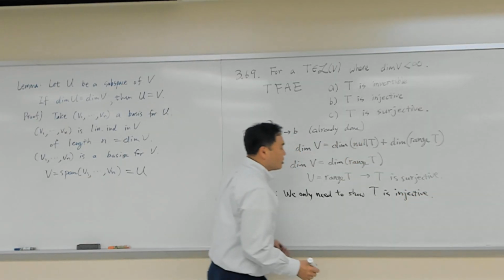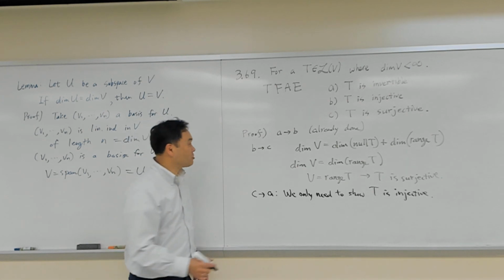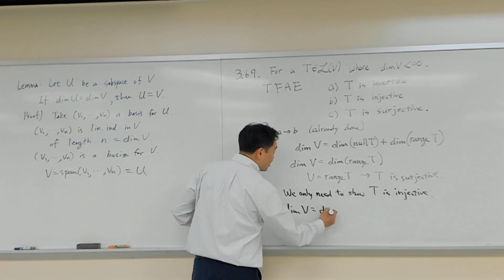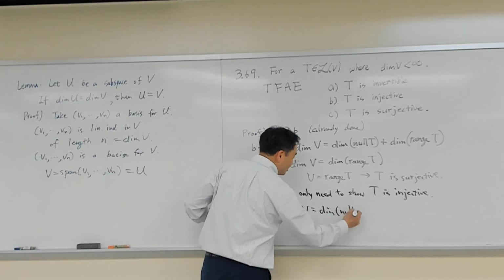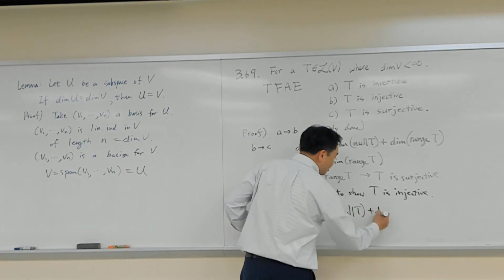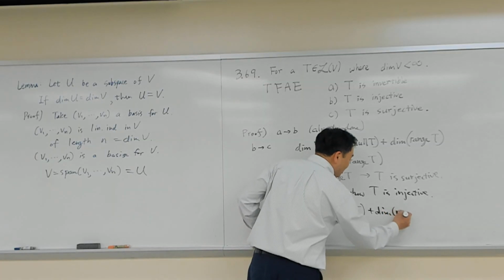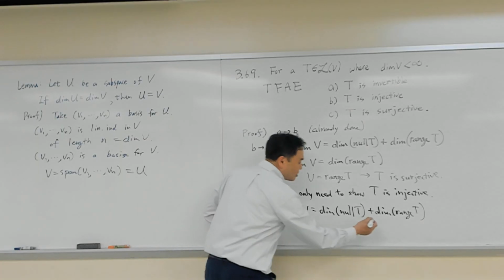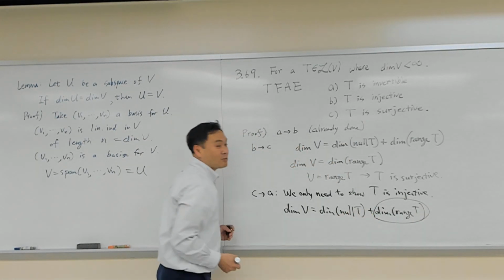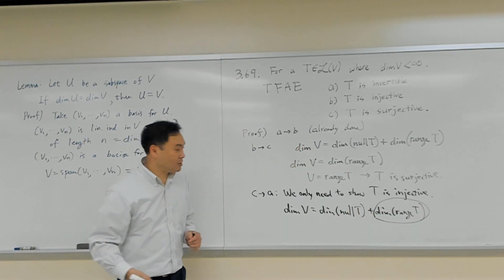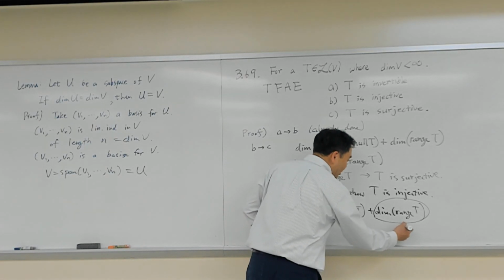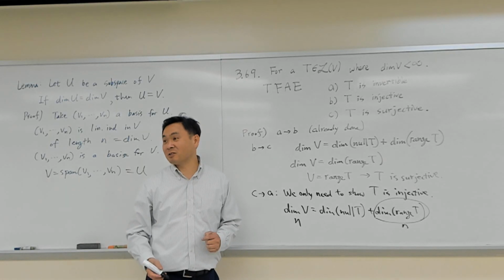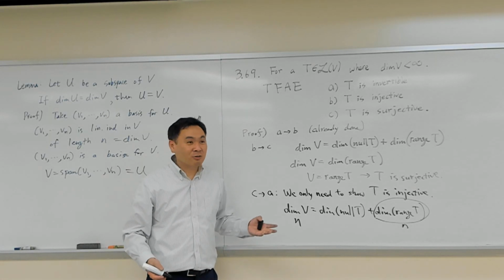Okay. But that's again proved by the dimension of V equals the dimension of null T plus the dimension of range T. And because T is surjective, the dimension of the range is equal to n. This is equal to n, so the dimension of null T is what? 0, right?